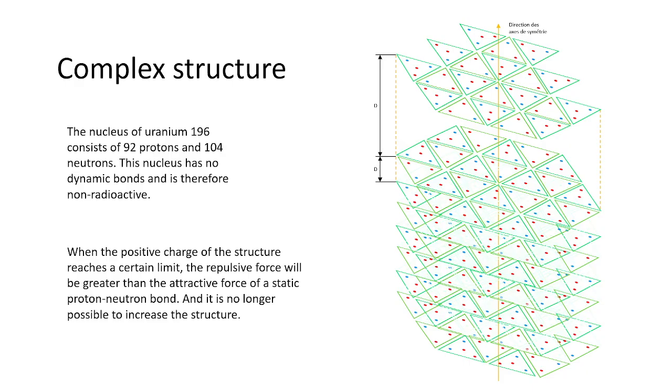When the positive charge of the structure reaches a certain limit, the repulsive force will be greater than the attractive force of a static proton-neutron bond, and it is no longer possible to increase the structure.